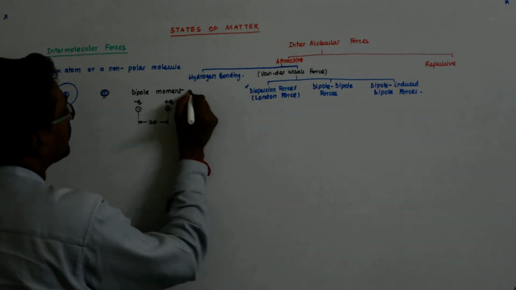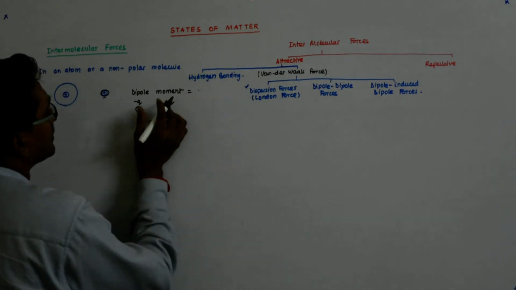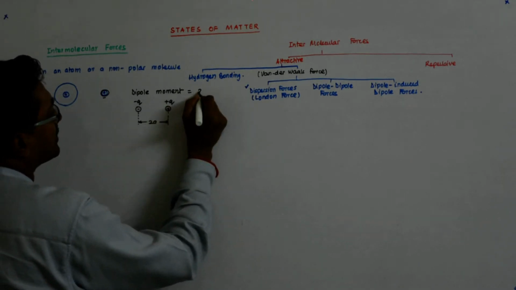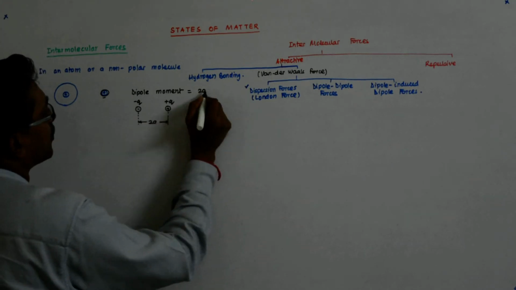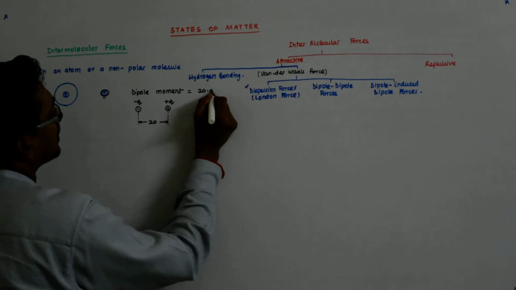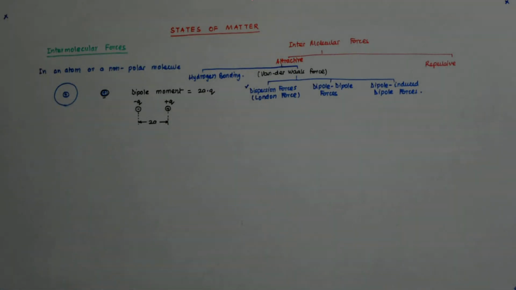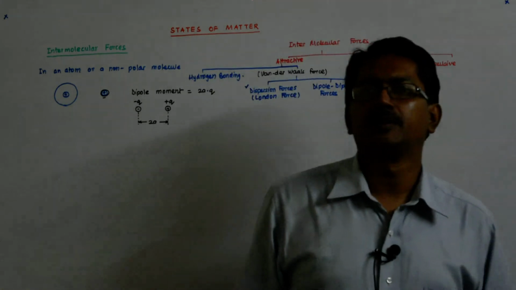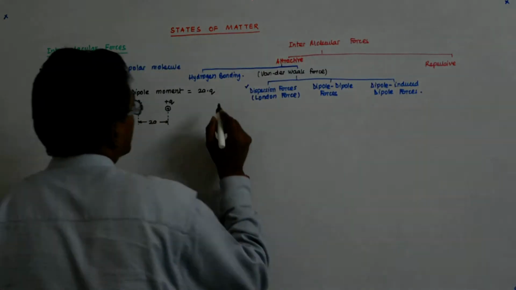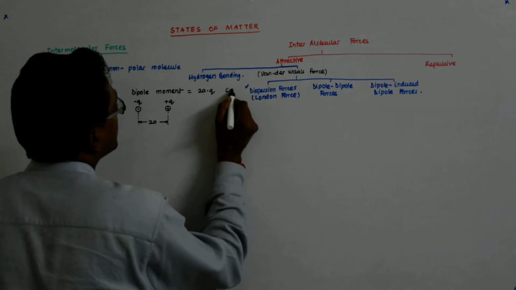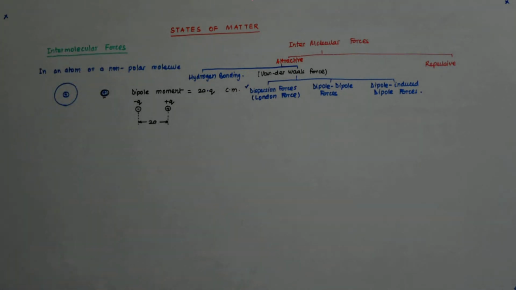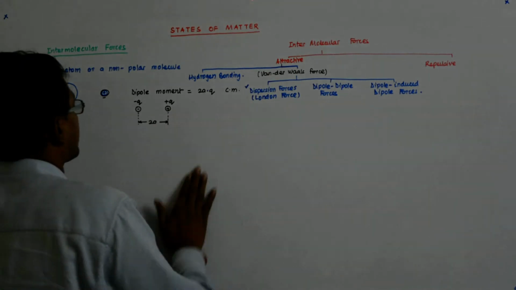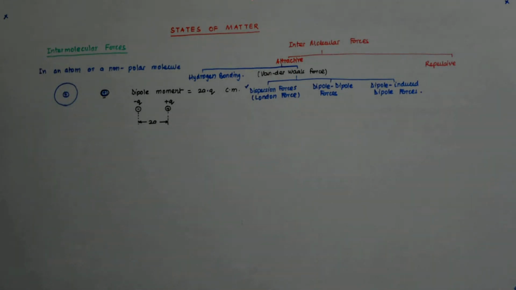Then the dipole moment is defined as the charge on any of these into distance. So the distance is 2a, so 2a multiplied by q. You understand that? And the unit will be coulomb meter. Okay.